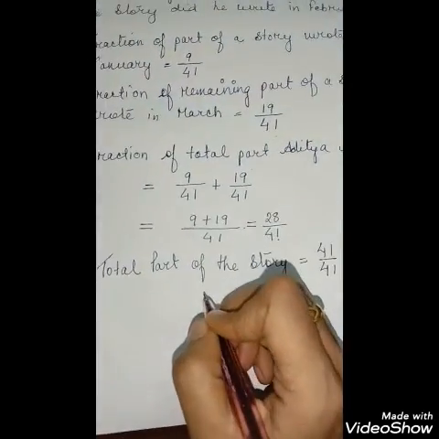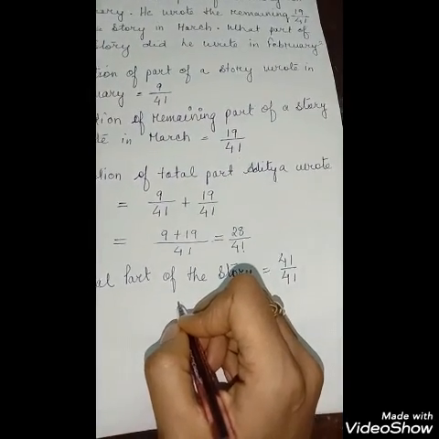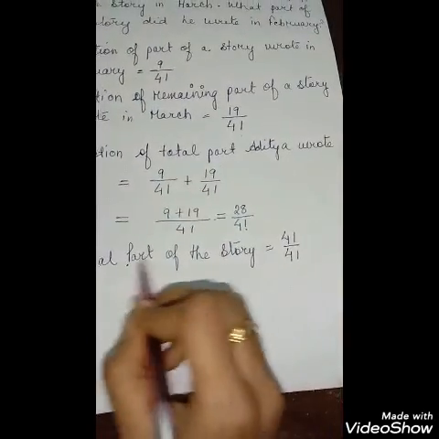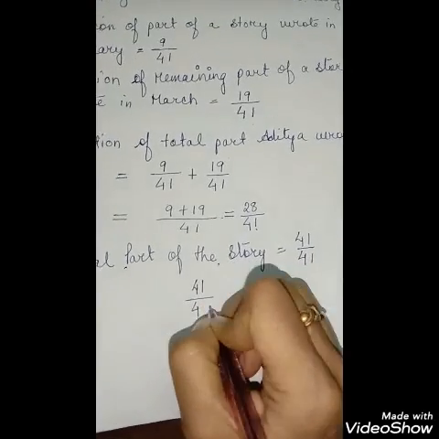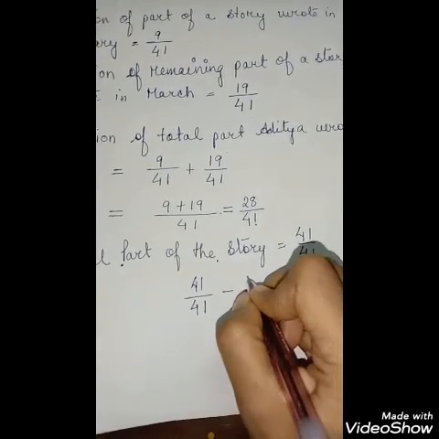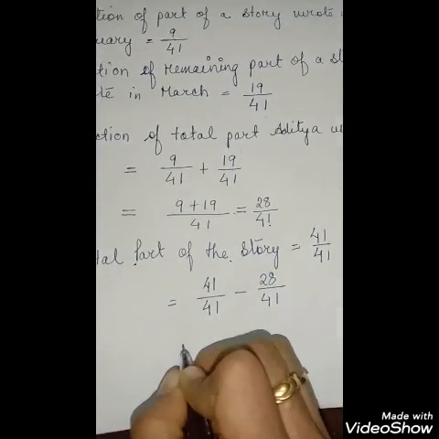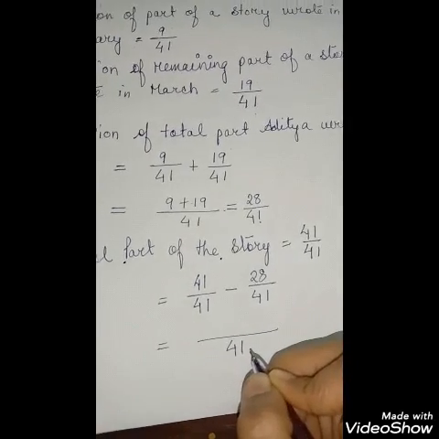So to find out the part of the story he wrote in February, we subtract from the total part of the story: 41/41 minus 28/41. Clear, children? Take the denominator the same, 41.